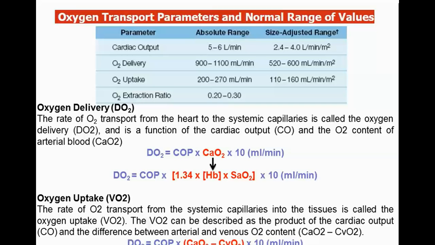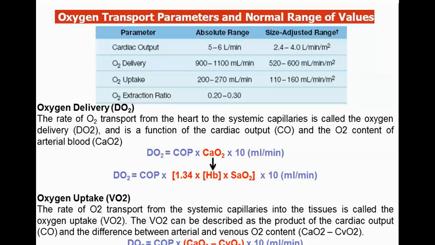What if the oxygen delivery becomes low? Patient is shocked, patient is anemic, patient is hypoxic. For shock, cardiac output will decrease; anemic, hemoglobin will decrease; hypoxic, saturation will decrease. So the delivery will be decreased.